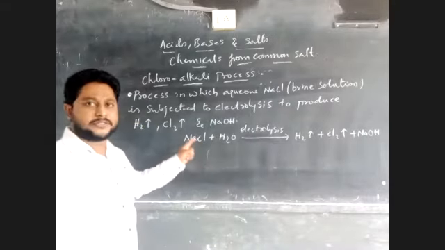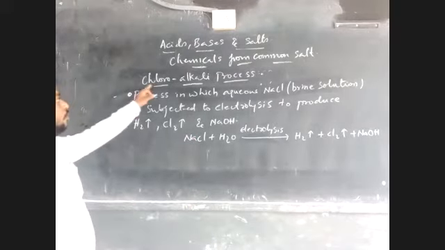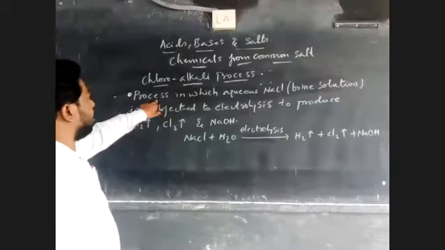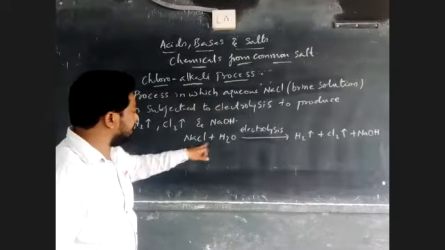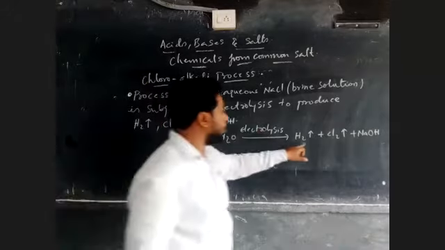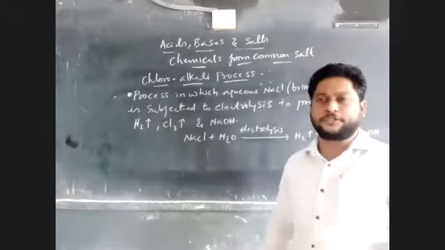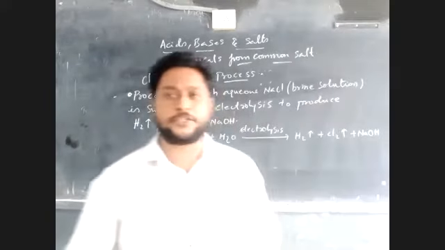This is called the chloroalkali process. So what is the chloroalkali process? The process in which NaCl is subjected to electrolysis to produce hydrogen gas, chlorine gas, and NaOH.